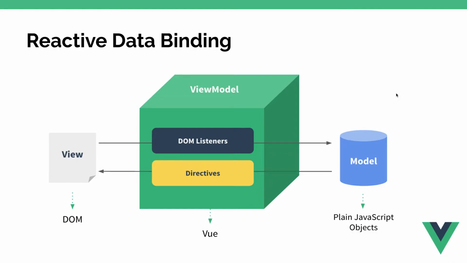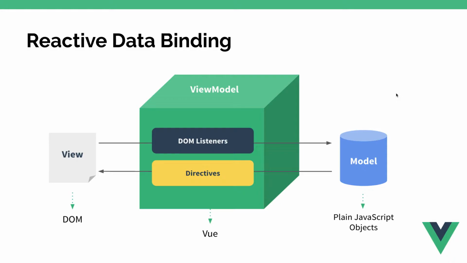Here Vue acts in an MVC architecture. You can see the view as the DOM, and the DOM listeners and directives act as a middle component. The model is plain JavaScript objects, meaning the data whatever is held in an application, like a users list or a payload.